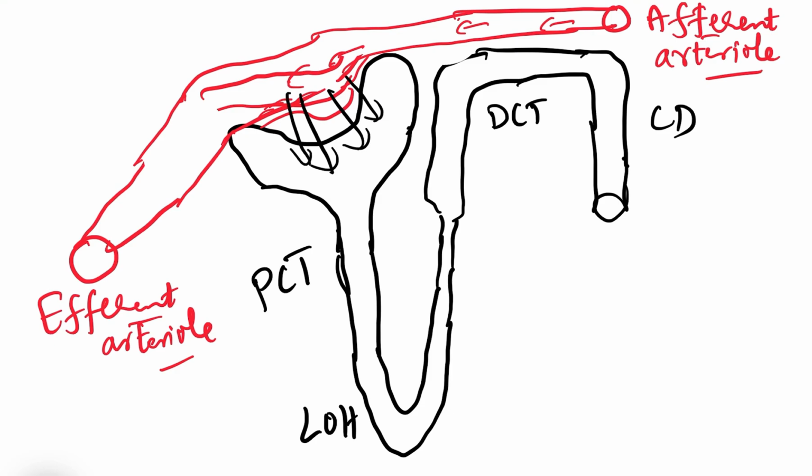Now the filtration that takes place in this nephron is the glomerular filtration. The filtered fluid goes through the proximal convoluted tubule, loop of Henle, and distal convoluted tubule. In the early part of the distal convoluted tubule, the epithelial cells, which I am drawing in blue, are specialized near the afferent and efferent arteriole. That particular patch or plaque of epithelial cells is termed the macula densa.